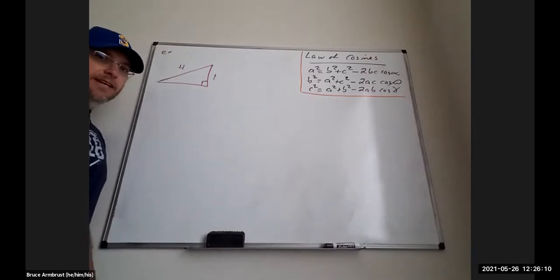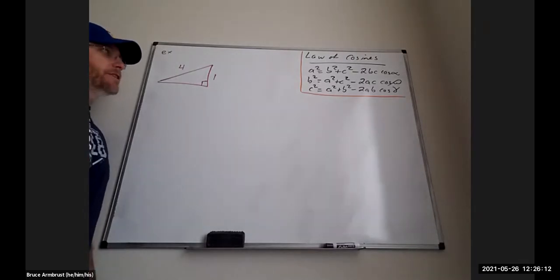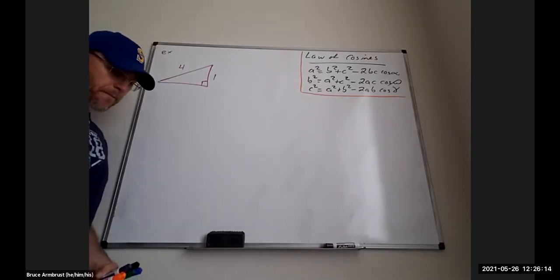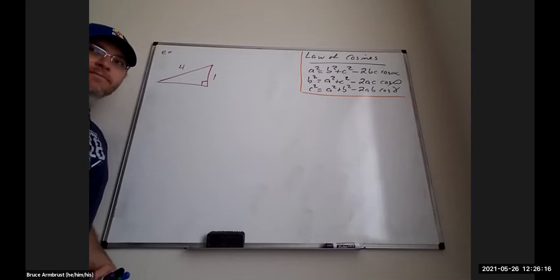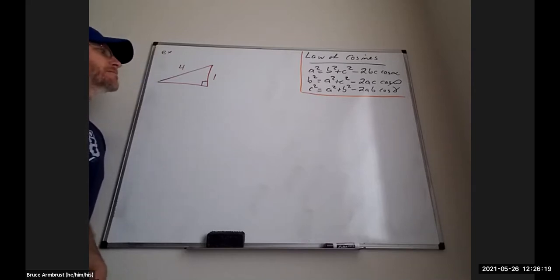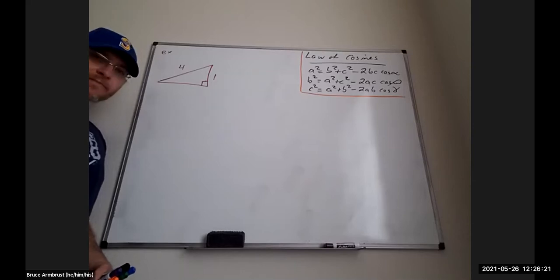If this was on an exam, what's the first thing you're going to do to solve this? Find the length of the adjacent side and then the angles on the inside. Yeah, so I would definitely do that.